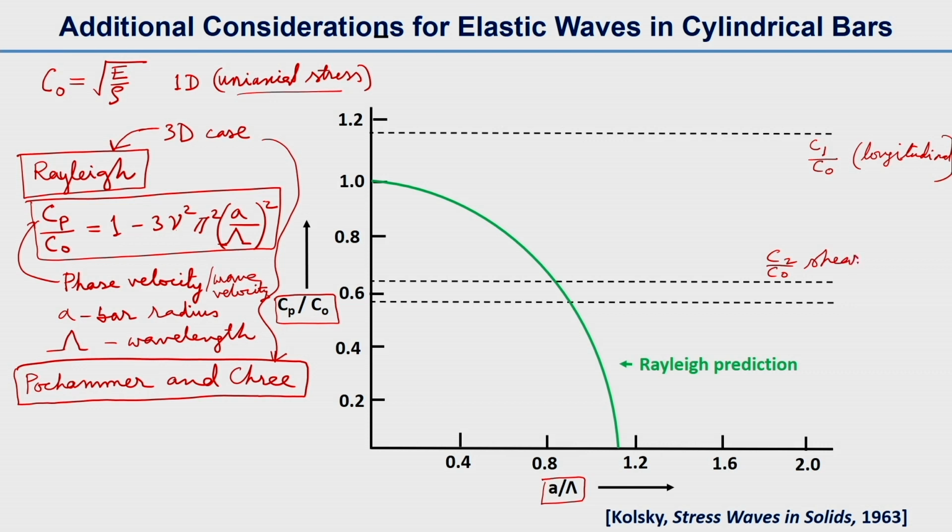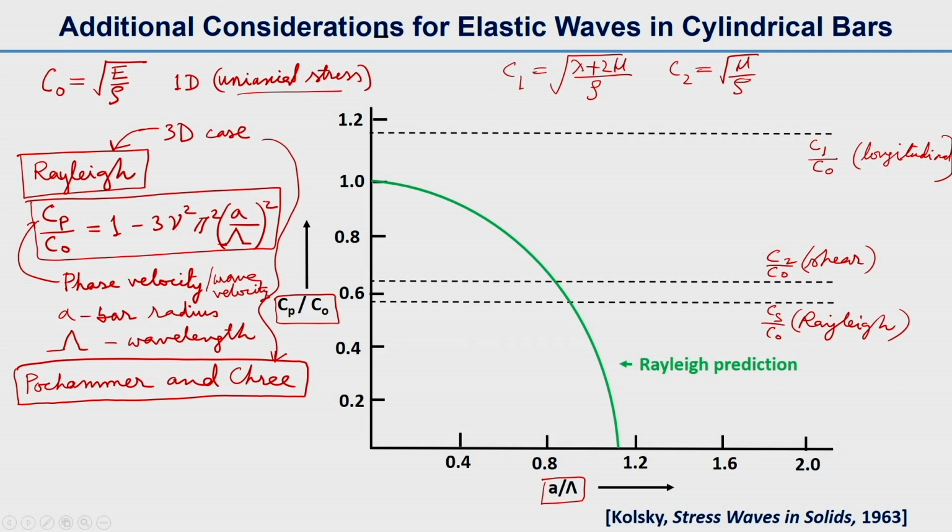We have already discussed C1, C2 and Cs, which is the Rayleigh wave velocity. C1 we found in the earlier lectures as the square root of lambda plus twice mu by rho for the longitudinal case, and C2 is the square root of mu divided by rho, and Cs will be a little less than the shear velocity.